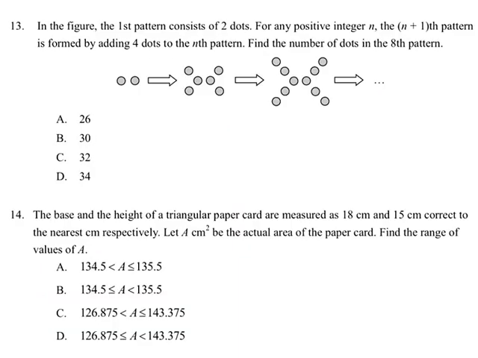Next one is about the pattern. So we can see the first graph, these two dots, and then second one, these two dots at these 4, and then next one, the third one, at these 4 again. So now we need to see the 8th pattern.